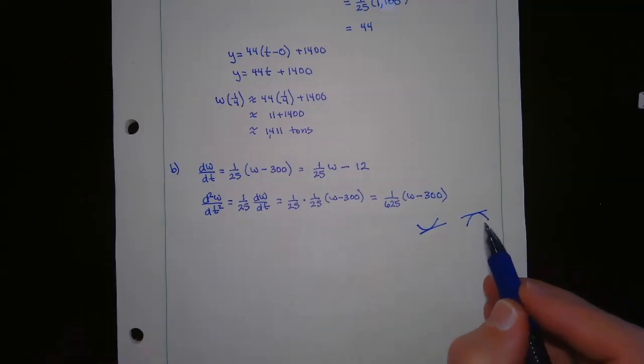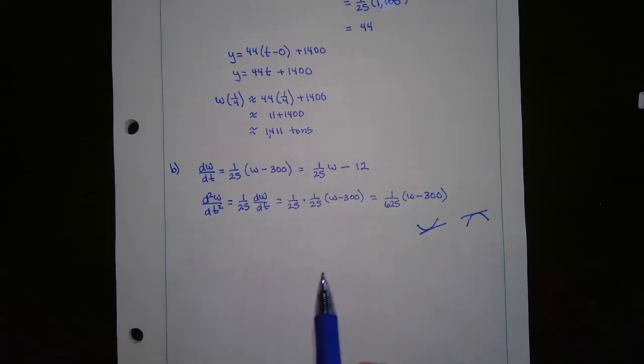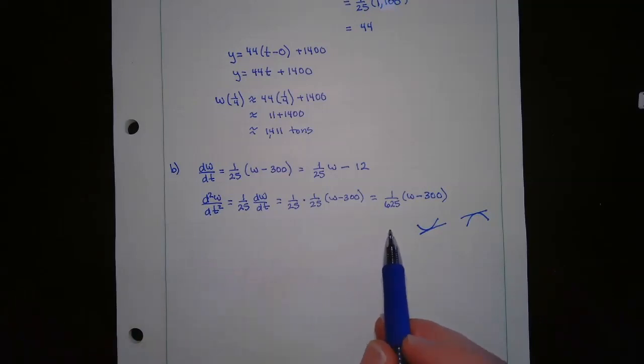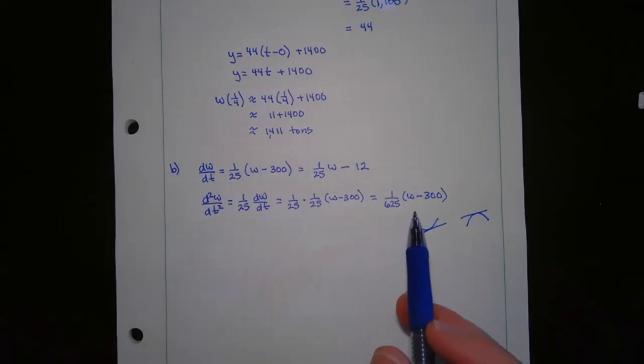So we have to determine the concavity at t equals 0. At t equals 0, they have 1,400 tons in the landfill.